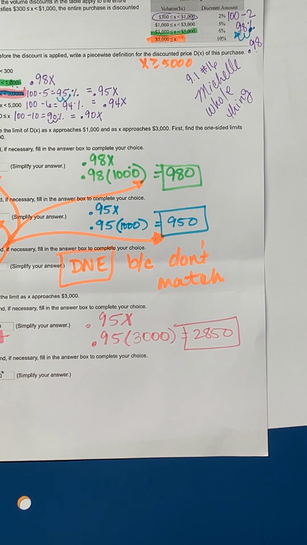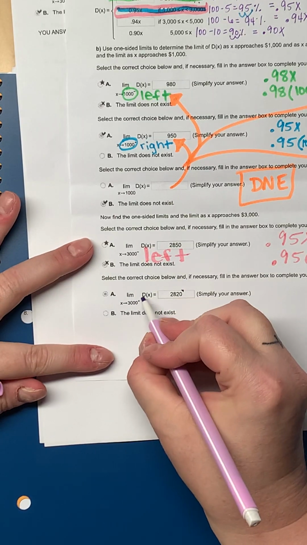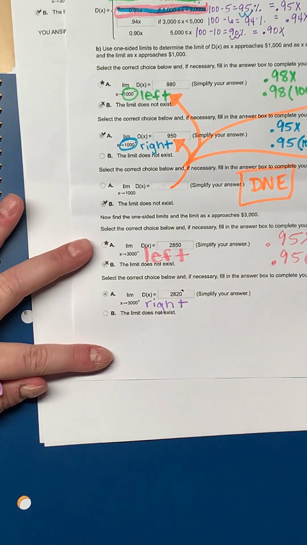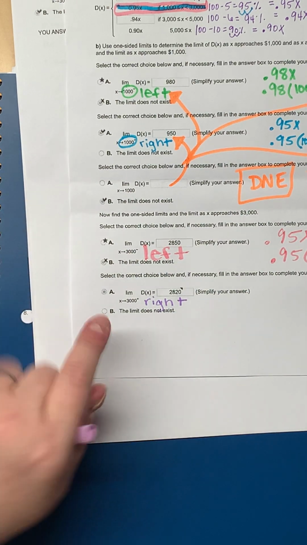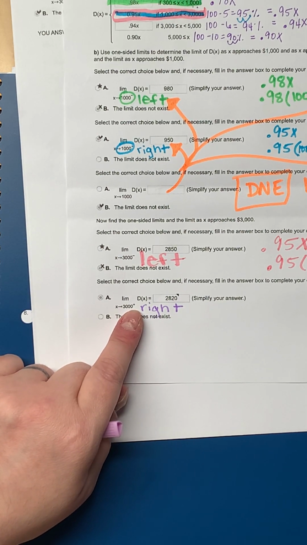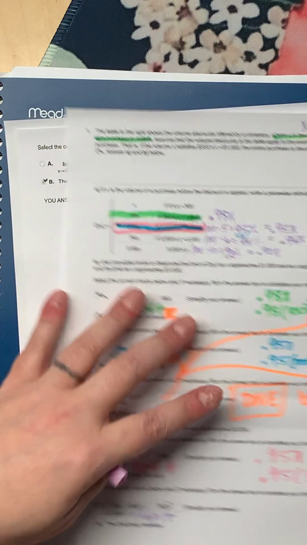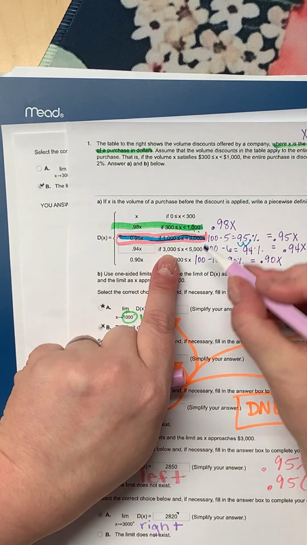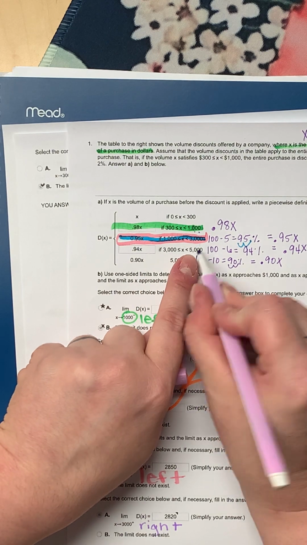Okay, so now the next one says 3,000 to the plus, and plus means right. Okay, so a number directly to the right of 3,000 is 3,001. So let's see, where would 3,001 fit? It would fit in between 3,000 and 5,000.